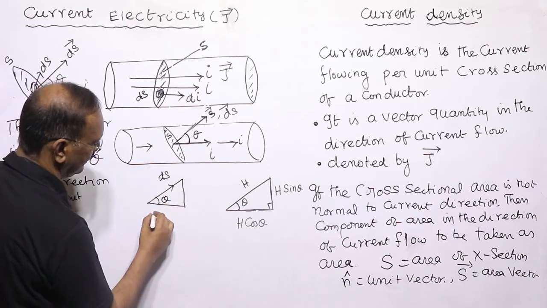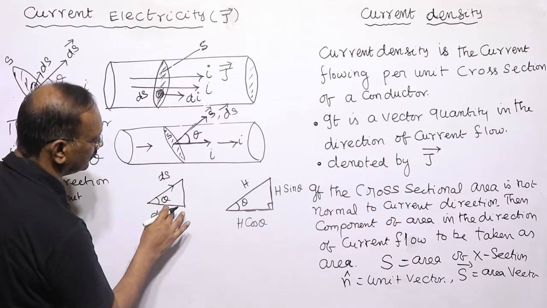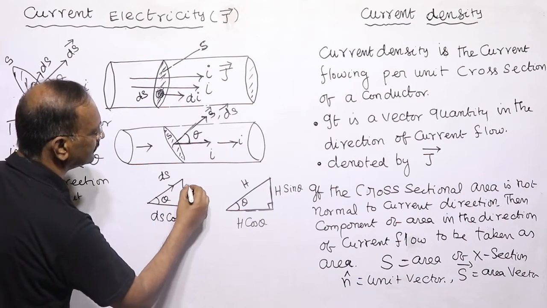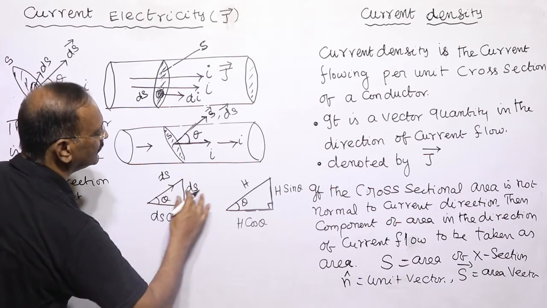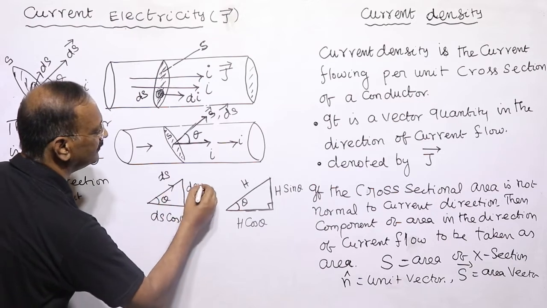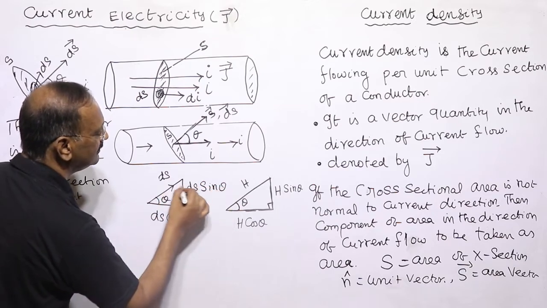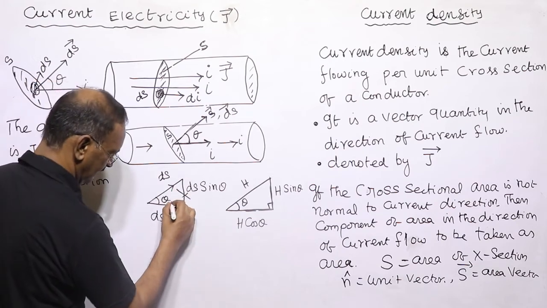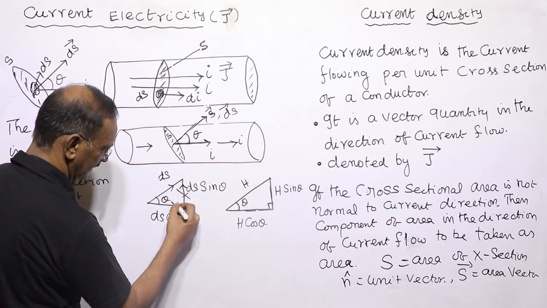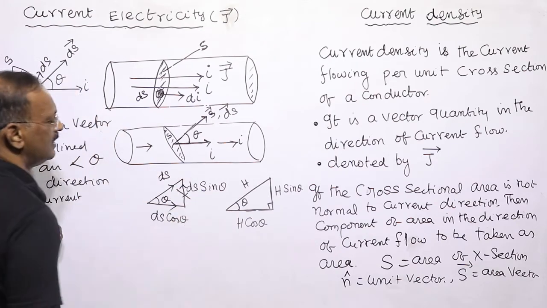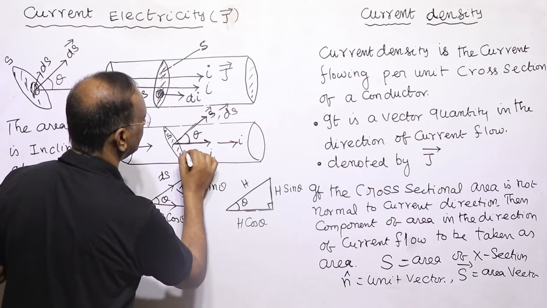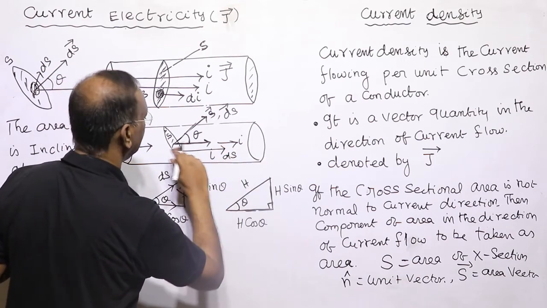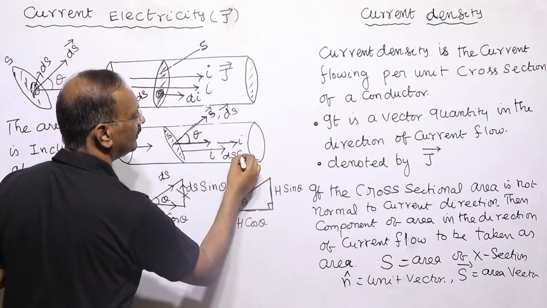The side closer to the angle will be cos theta, and the side far away from theta will be sine theta. This portion is not of any use, because in vector addition it will go like this and join. So this is the ds area vector component, cos theta.